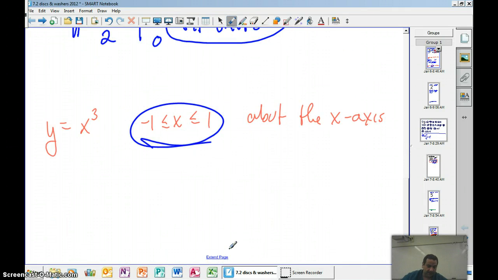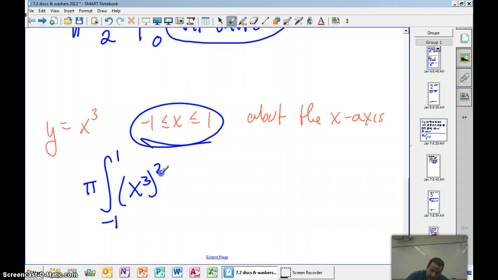Let's do another one. This is y equals x cubed from -1 to 1. Now, the limits of integration are given. A lot of times they do give you the limits of integration, so you don't have to solve for it. So this is simply pi times the integral from -1 to 1 of x cubed squared dx, because we're still going about the x-axis. So this is going to be x to the 6th.